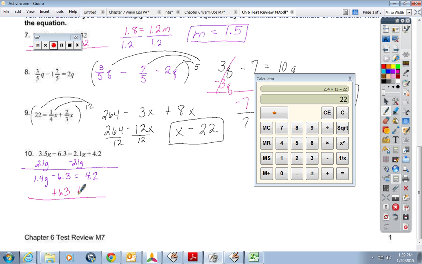When I do that, I would get 10.5 equals 1.4 times what? And then I would divide both sides by 1.4. And I would get 10.5 divided by 1.4 equals 7.5. So G equals 7.5.